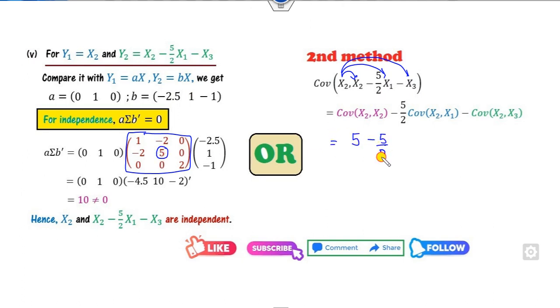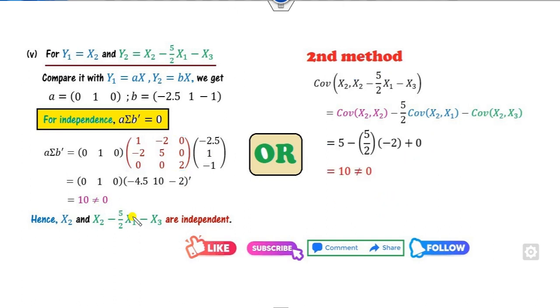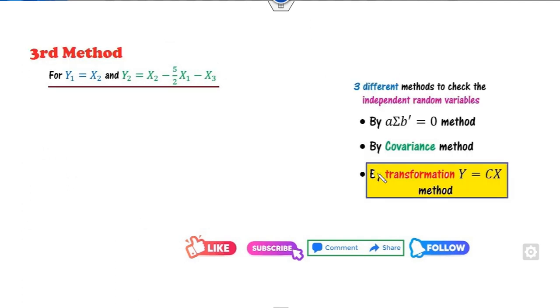What is the covariance of x2 and x1? This is my x2 and x1, minus x2 and x3. This is second row, third column. So that will be 5 plus 5, which is 10. It is non-zero. You can see the same result you have obtained. They are not independent.